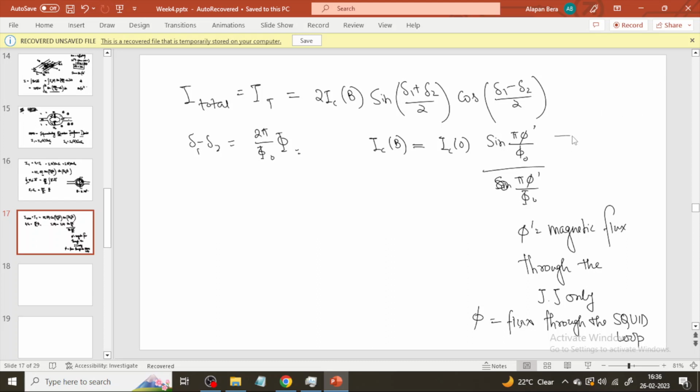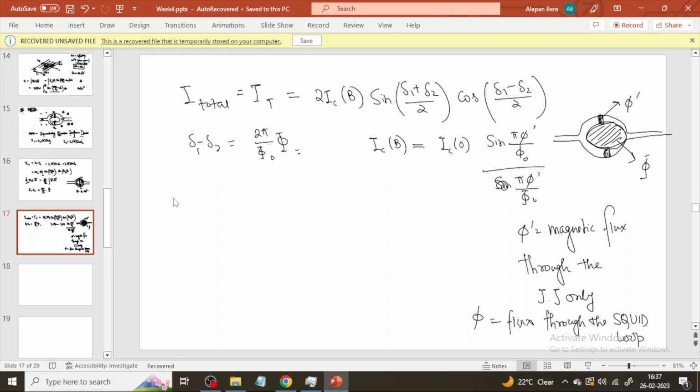So that means if we draw the SQUID again, if this is the normal metal region, the magnetic flux that passes only through this normal metal region is given by phi prime, and the magnetic flux that passes through the SQUID loop, meaning this region, is given by phi. So you have to keep this in mind, because this is very important.